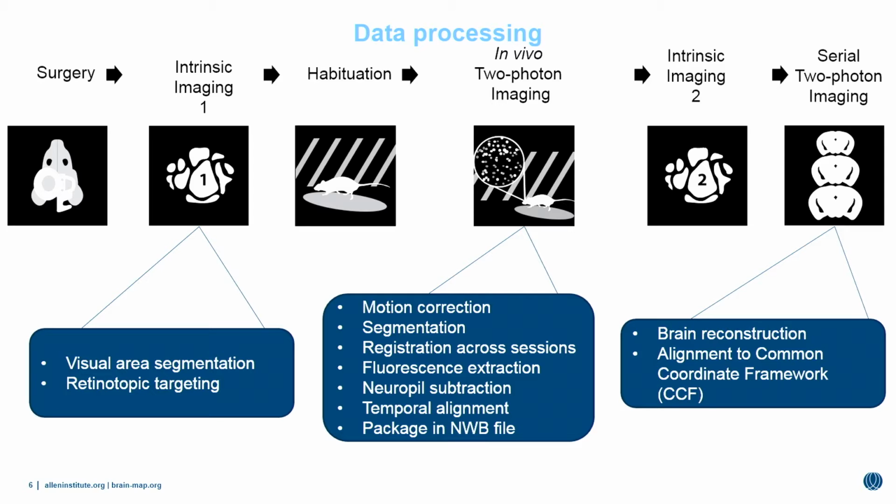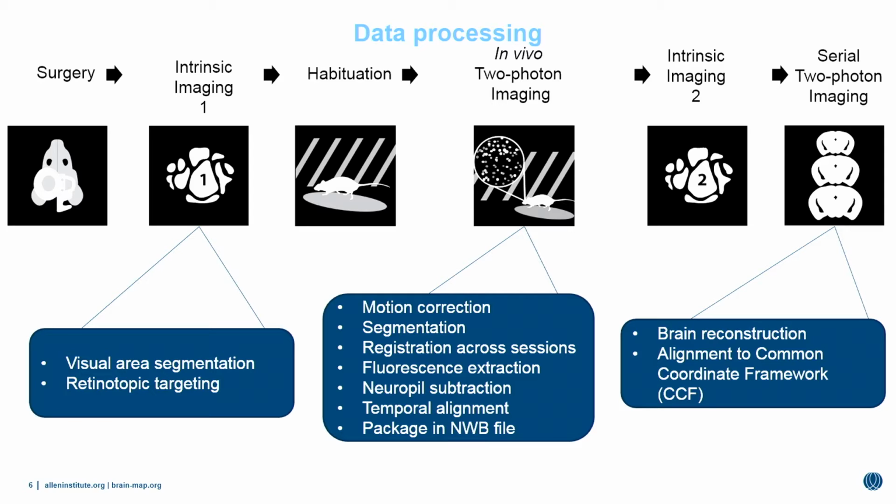Following the data production, though, there's a lot more that has to happen in terms of processing this data and managing the data. As I mentioned, we create these maps of the visual areas. These areas need to get segmented. The targeted locations need to be computed from the retinotopy.